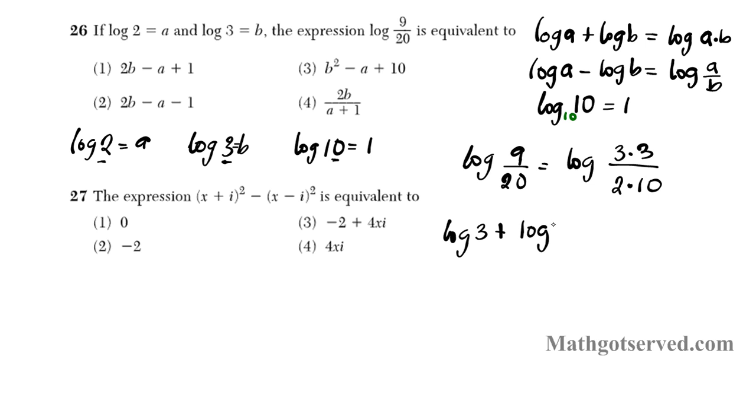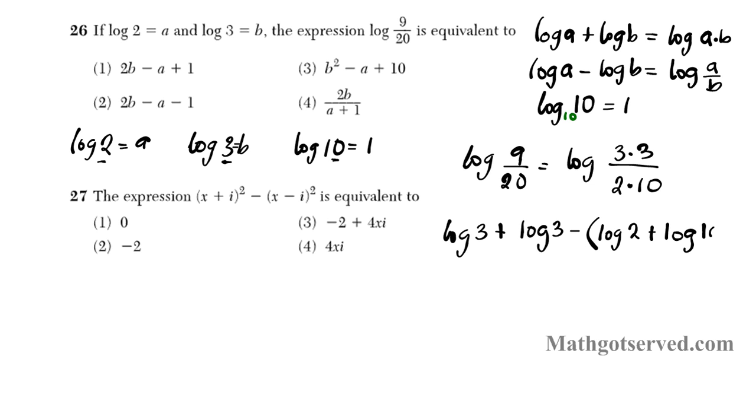Then division, remember, is a minus. Now we have to be extremely careful here. 2 and 10 are in the denominator, so when we transform them into this expression, we have to put parentheses grouping them together. So this is going to be log of 2 plus log of 10.